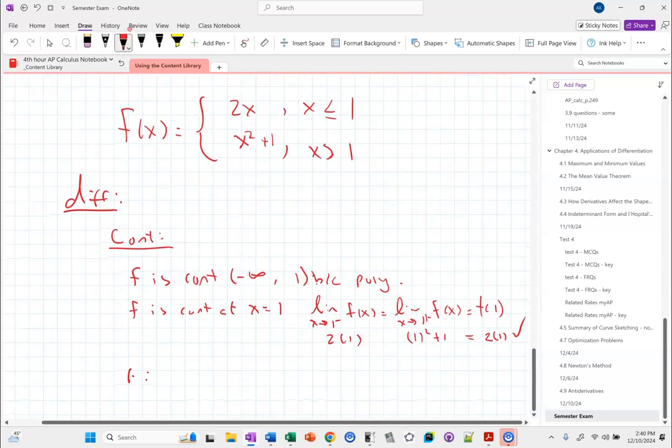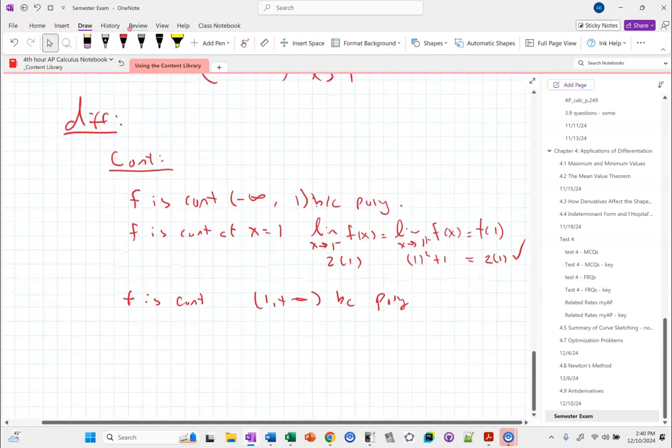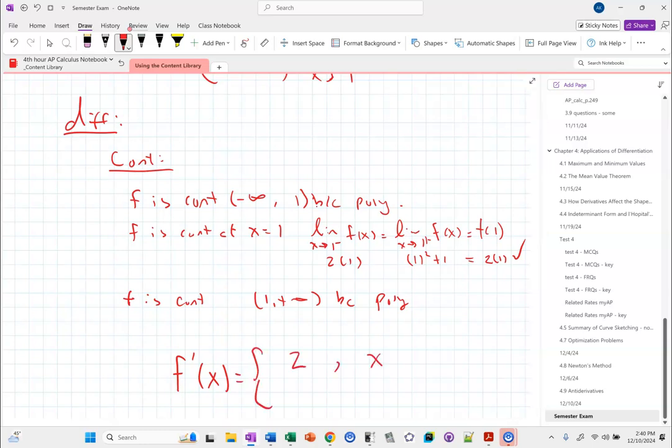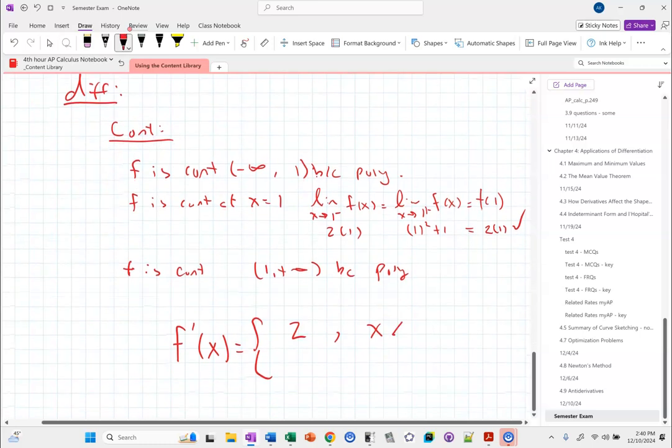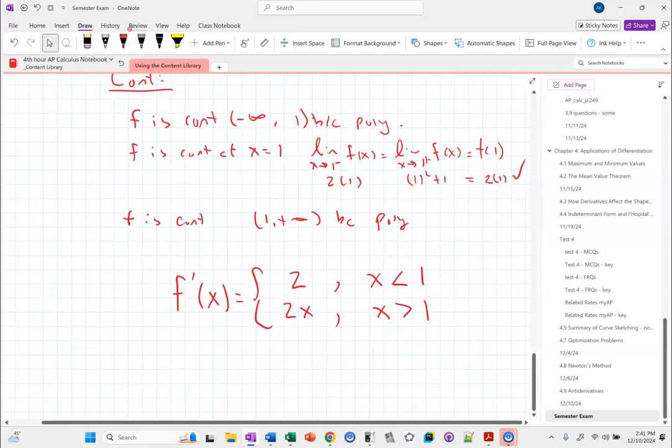And then f is continuous on here, again, because it's polynomial. Then I take the derivative. The derivative of 2x is 2, and I have to do a strict inequality here. The derivative of x squared is 2x.